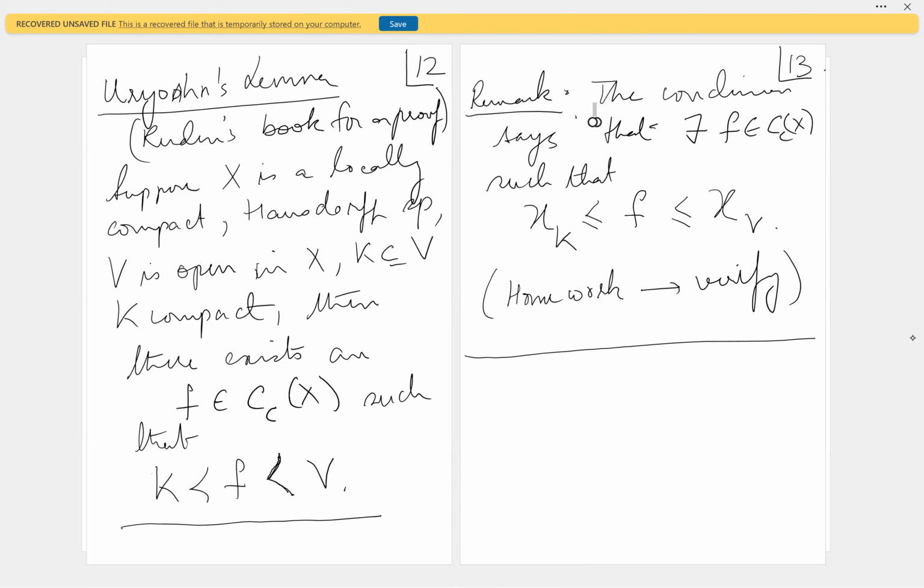And because of Urysohn's lemma, we can also show this result on partition of unity, which again I will have an occasion to use, and I'm just telling you here.